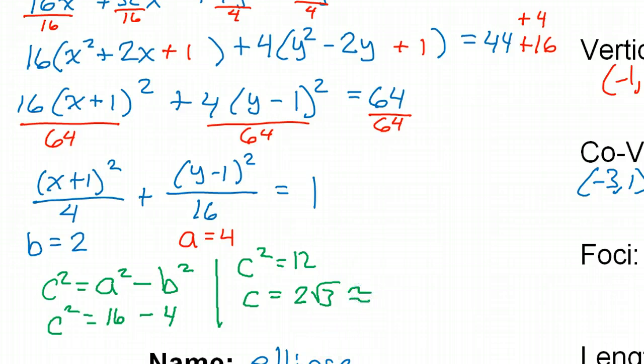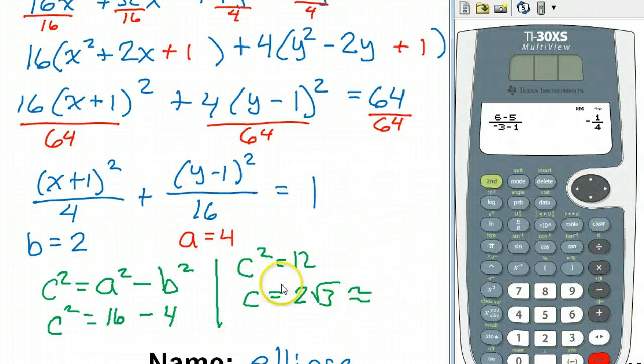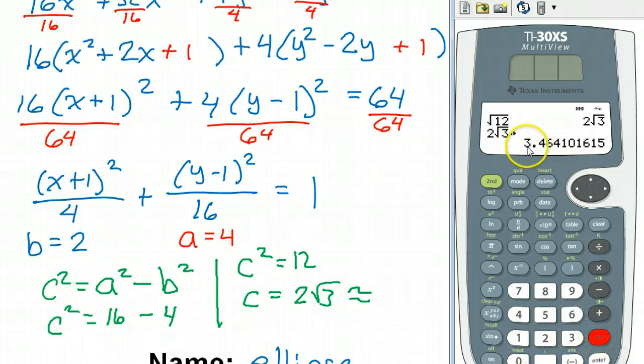Which, by the way, is approximately, let's see, we did square root of 12. There's my 2 radical 3, and here's the decimal, 3.5.